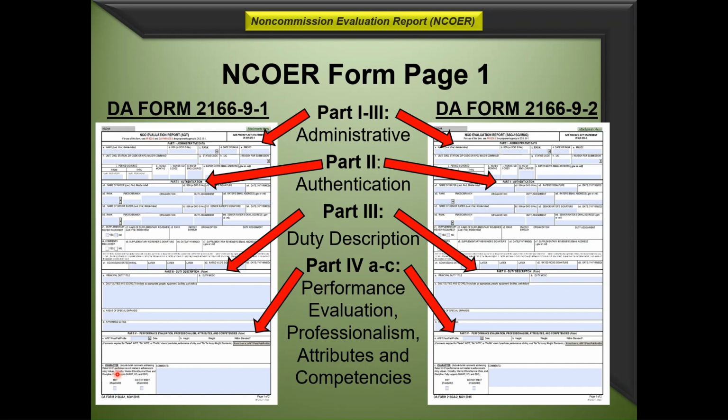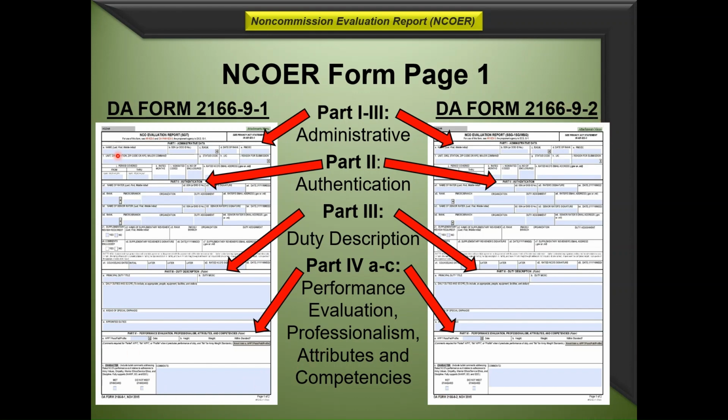So you see there's a whole bunch of arrows pointing at all the different ones. First off, let's talk about this form on your left-hand side of your screen. This is done for sergeants. This form on your right-hand side of your screen is done for staff sergeants through first sergeants or master sergeants, so E6 through E8.